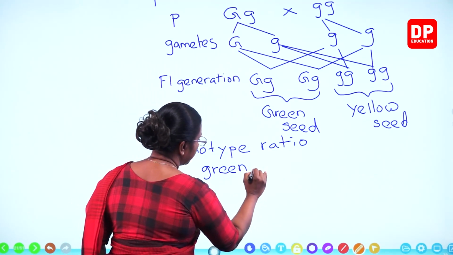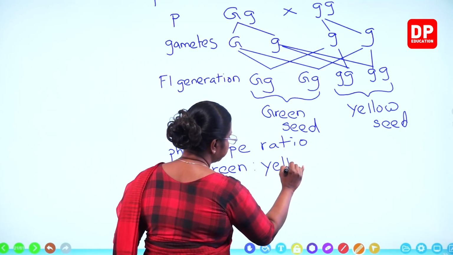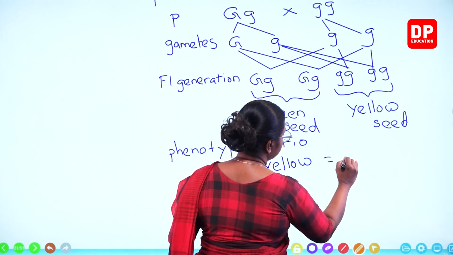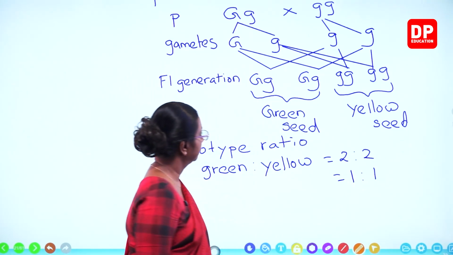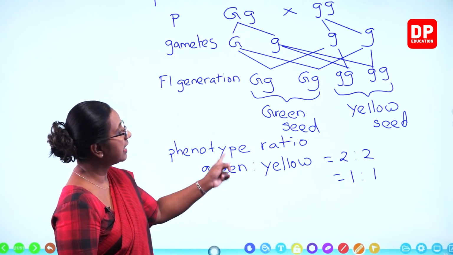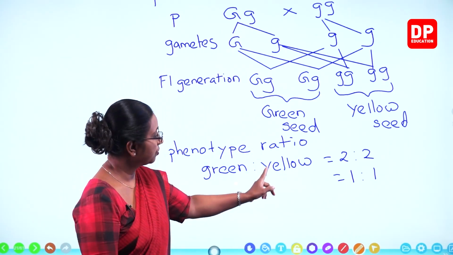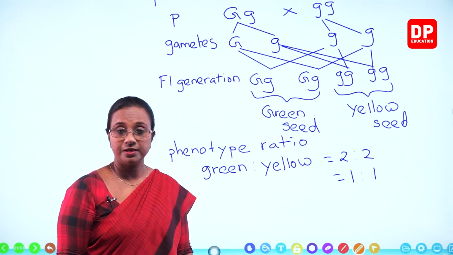Green is to yellow, 2 is to 2, so that will be 1 is to 1. You have 2 green seeds and 2 yellow seeds. So it has to be 1 is to 1.